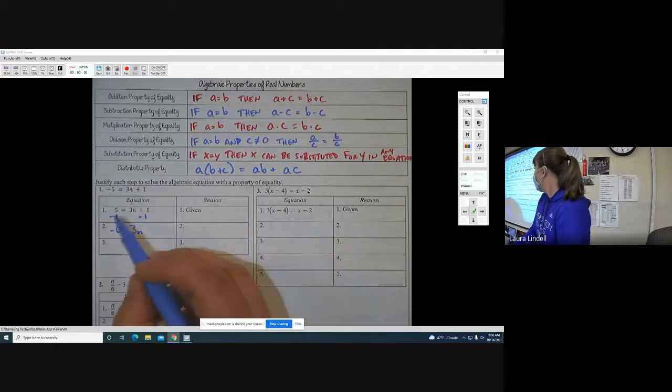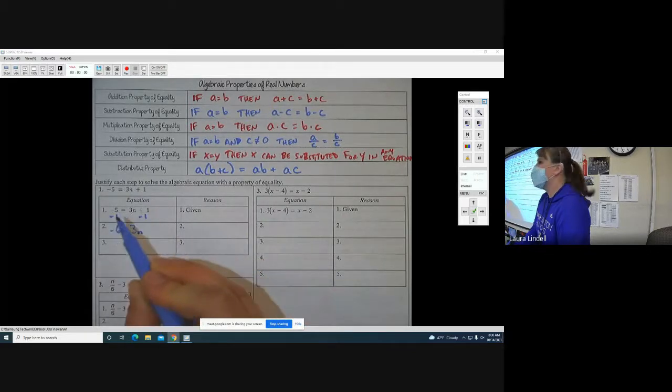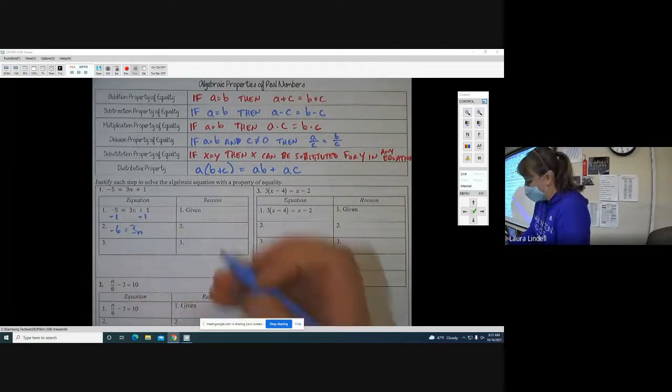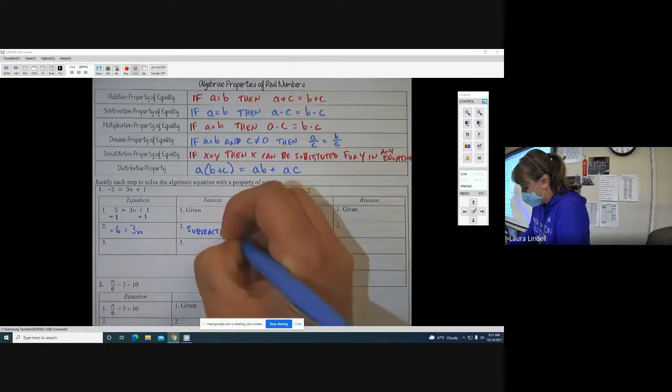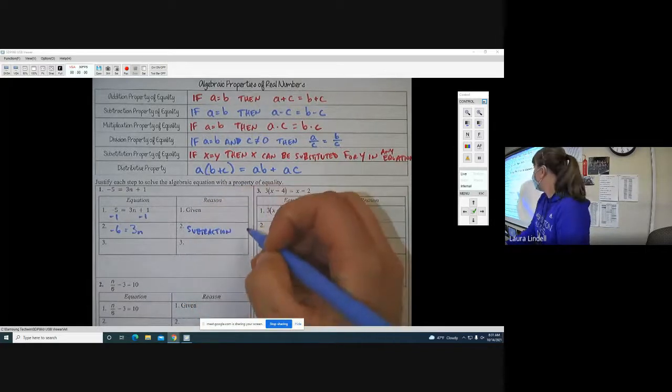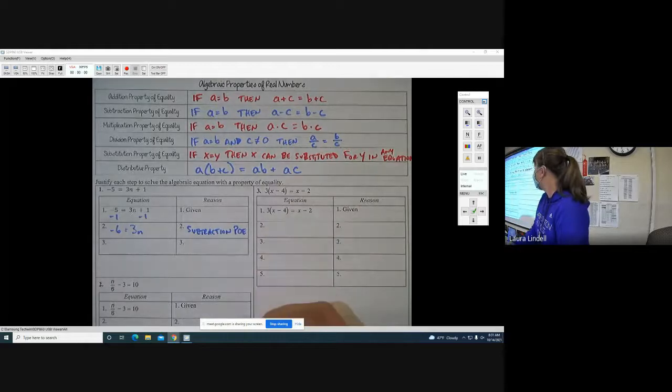And so whatever I did right here, that's what goes under this reason. So what did I do here? Subtracted. So subtraction property is what goes here. And so that we don't have to write property of equality a bazillion times, I'm just going to abbreviate it as POE for property of equality.